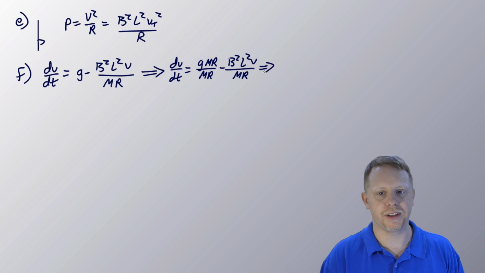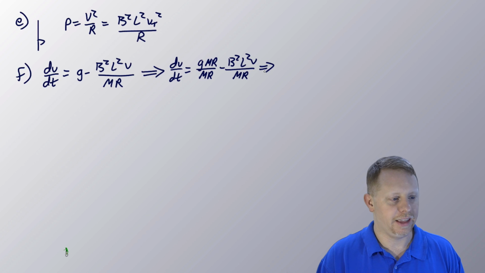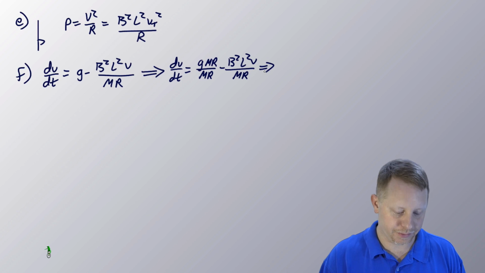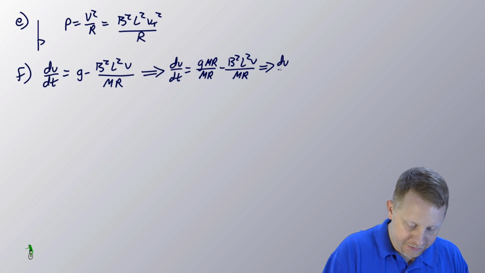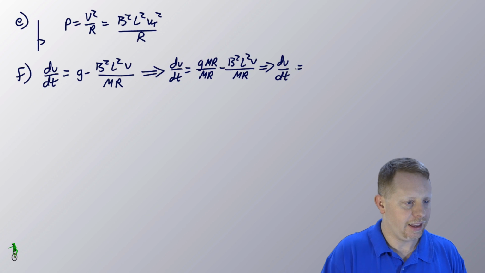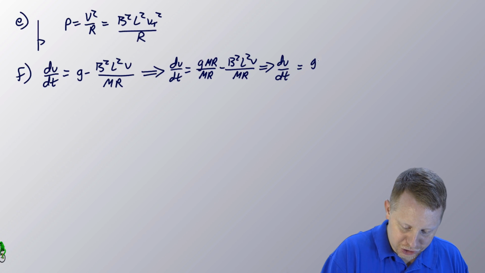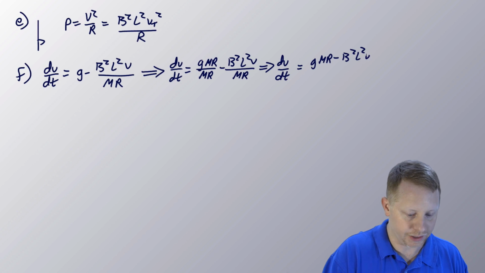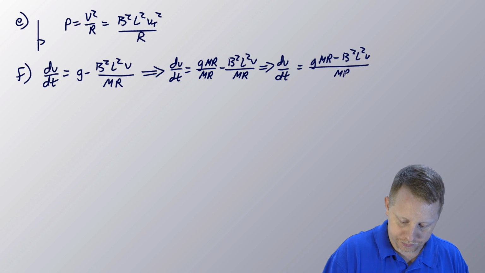What I really want to do is get all my variables of V on the same side, separate my variables, and t, anything that is a function of time, on the other side. So therefore, dV/dt equals gMR minus B squared L squared V all over MR.